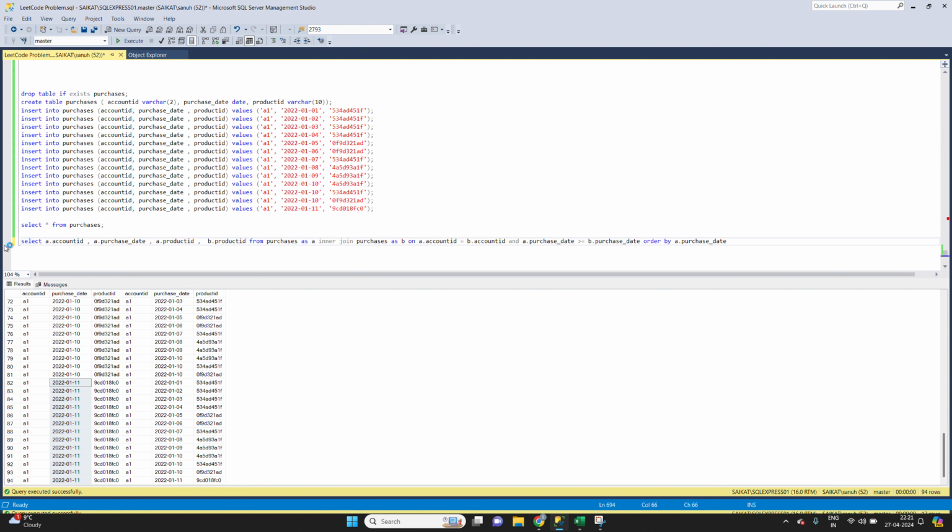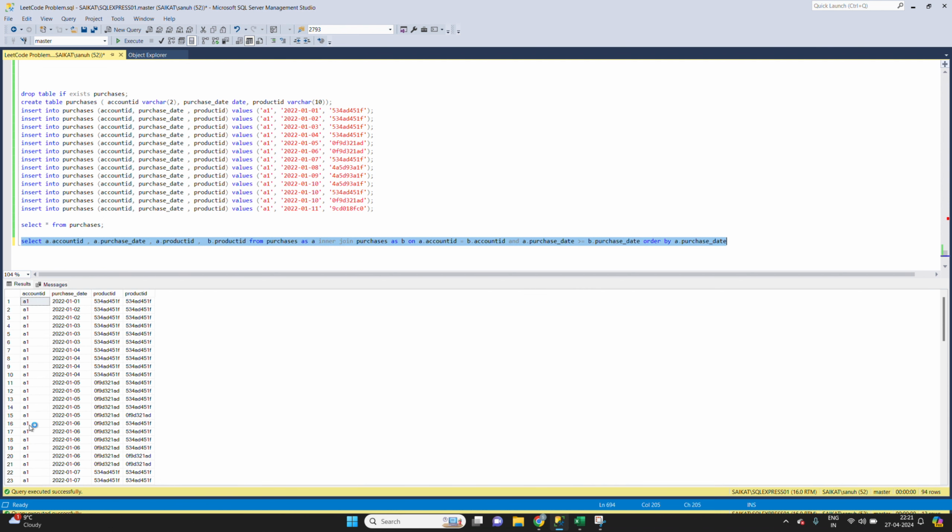So if I run this now, we'll be getting this. Look very carefully: for 04, we are getting all the previous products. For the 6th, we are getting all the previous rows. It's getting joined with all the previous rows.